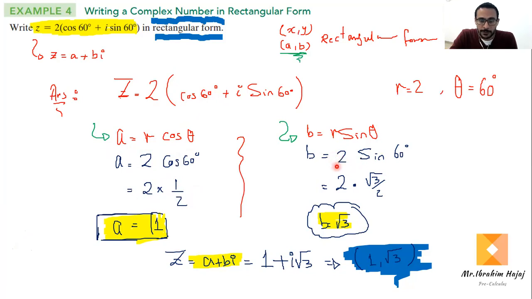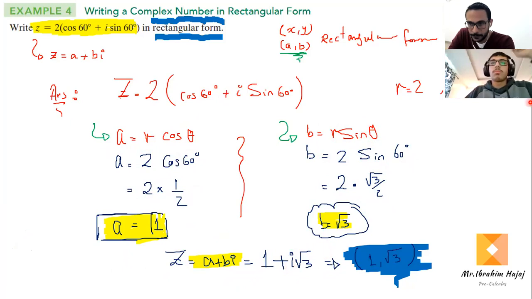So a is 1, 2 times half. The b is r sine theta, so b equals 2 sine 60, 2 times radical 3 over 2, so b is radical 3. You write your complex number again, z equals a plus bi, which is 1 plus radical 3 i, and it's better, guys, to write the i first before the radical.